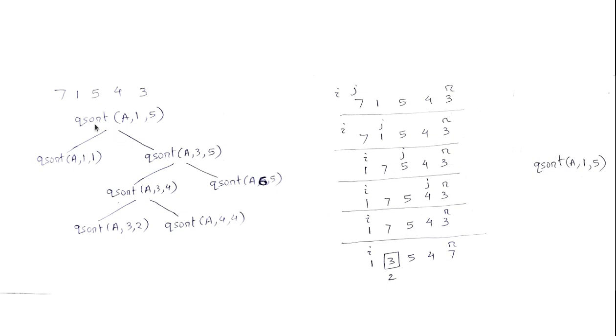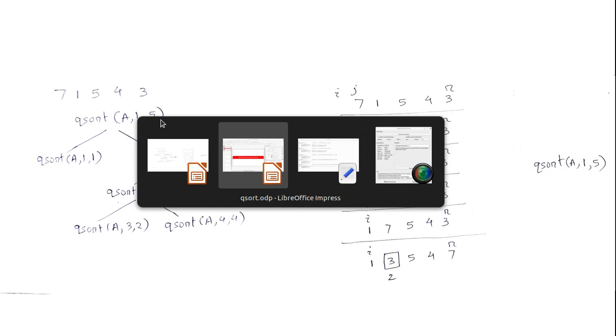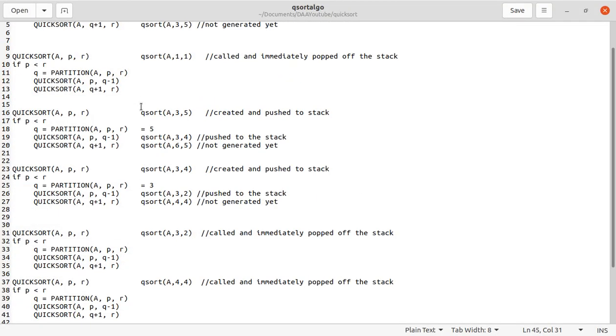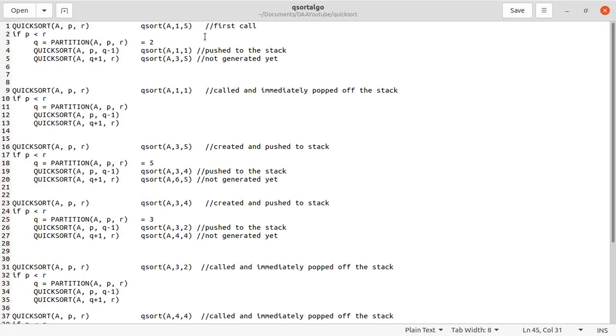And let's say the first call is qsort. Instead of quicksort, I have written qsort A15. Why A15? Now let us refer to the algorithm. The whole call stack I have created here to make the video short.